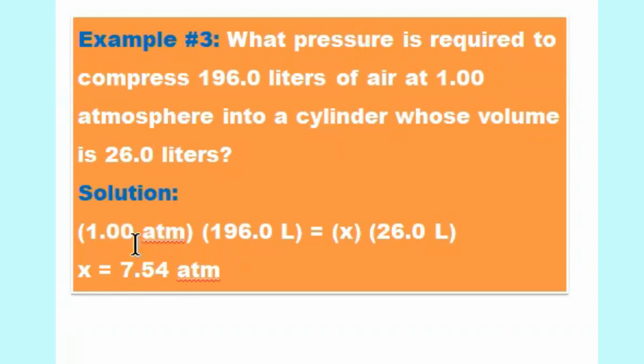Then replace P1 is 1.00 atmosphere and V1 is 196. 1 atmosphere multiplied by 196 equals P2, represented by X, multiplied by 26.0 liters. And rearrange this, or divide both sides by 26, and we obtain 7.54 atmospheric pressure. Okay, this is the P2.